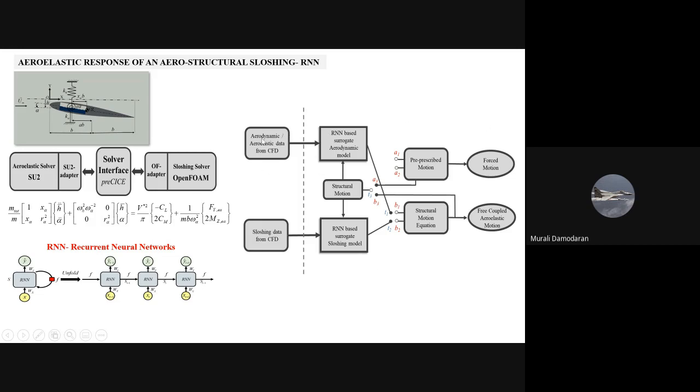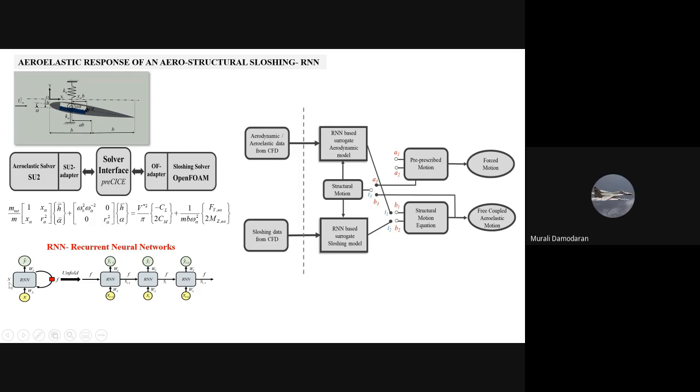We have aerodynamic data from CFD, sloshing from CFD. And then we have an RNN. We use these recurrent neural networks. RNNs are something where you have to feed back some stuff. So it has some memory of the past, but it does not retain a long time memory.